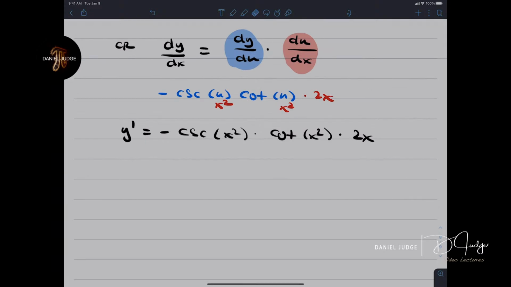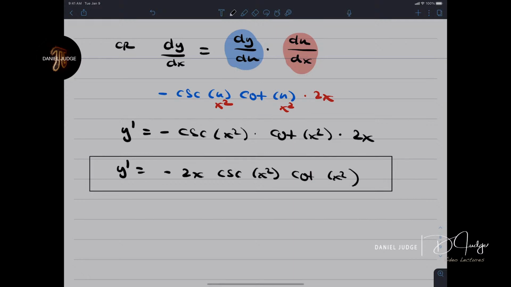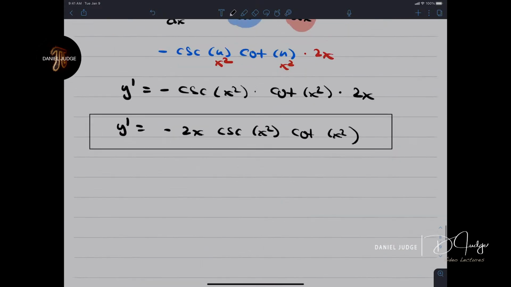But like constants, we very often put the 2x first, and there's a negative sign, so it's minus 2x cosecant x squared cotangent x squared. Here you go. There it is. And that's number 17.